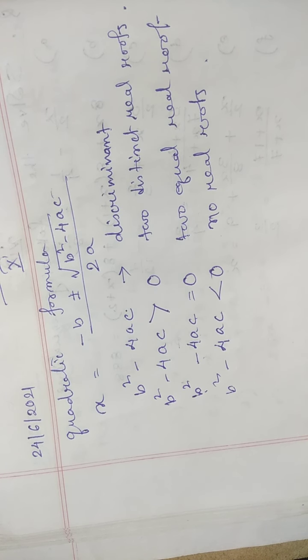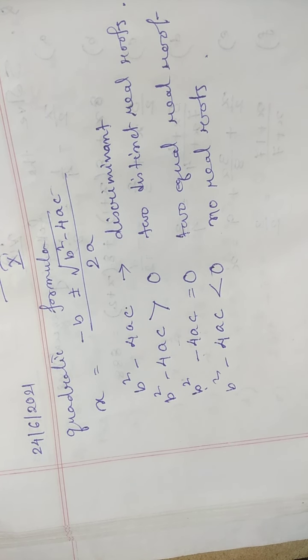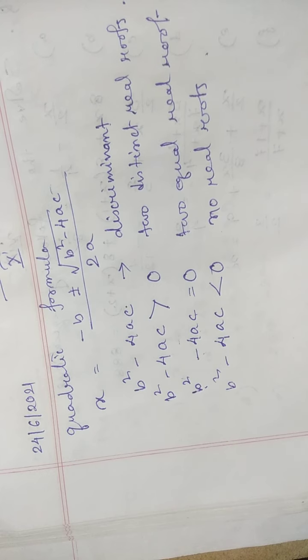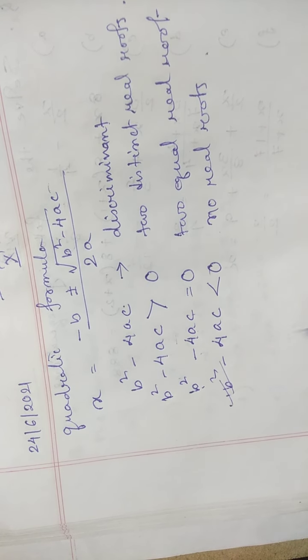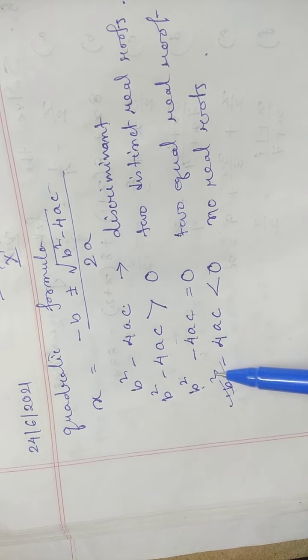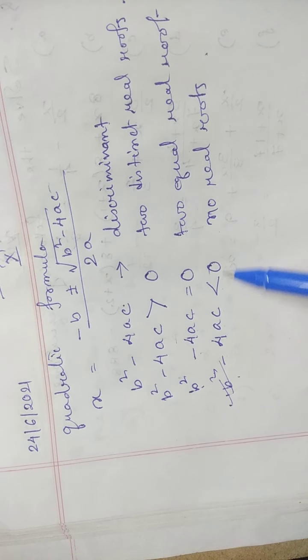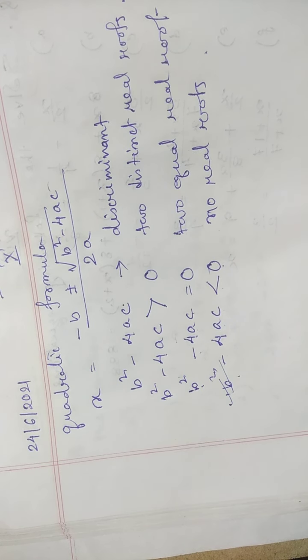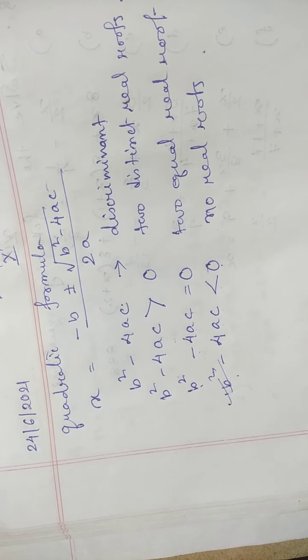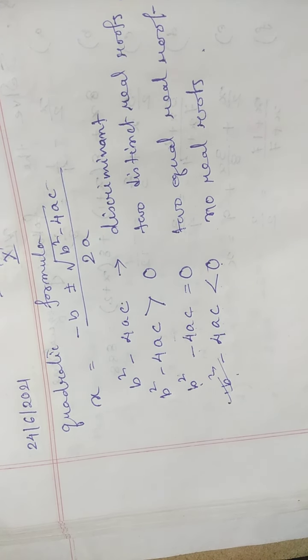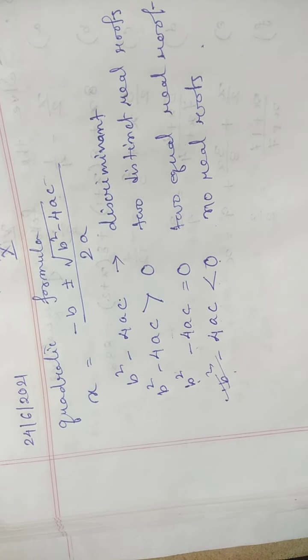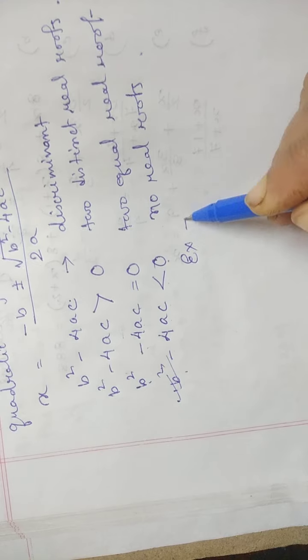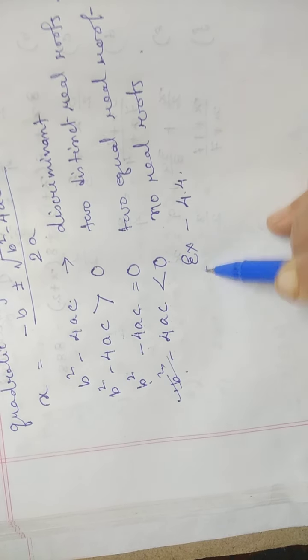So first of all, you can find the nature of the roots, and if b square minus 4ac is less than 0, then in that case there is no need to find the roots of that quadratic equation. Okay, see the exercise, how you can check the roots.